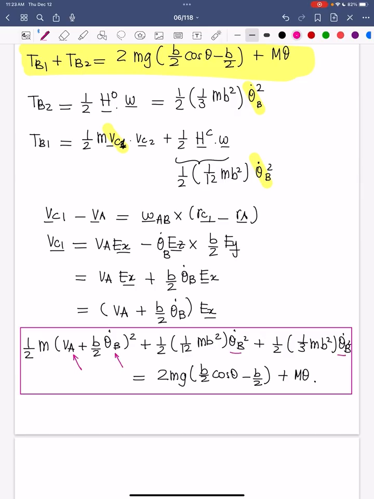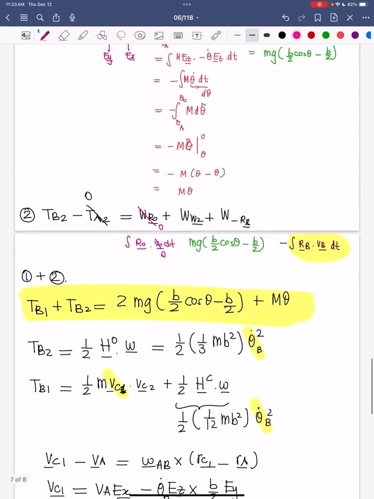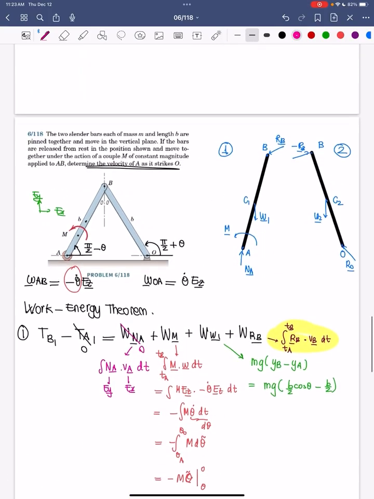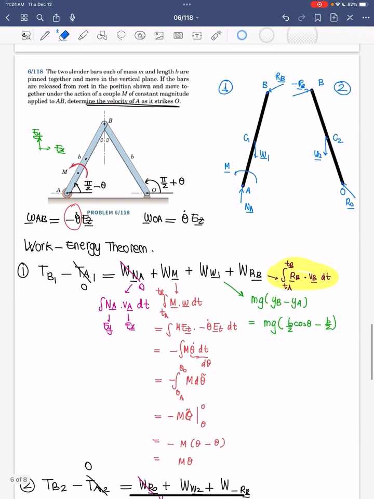This theta is the initial angle theta, so we know it. So maybe we'll read the given and see if there's another way to solve our dilemma of one equation and two unknowns.